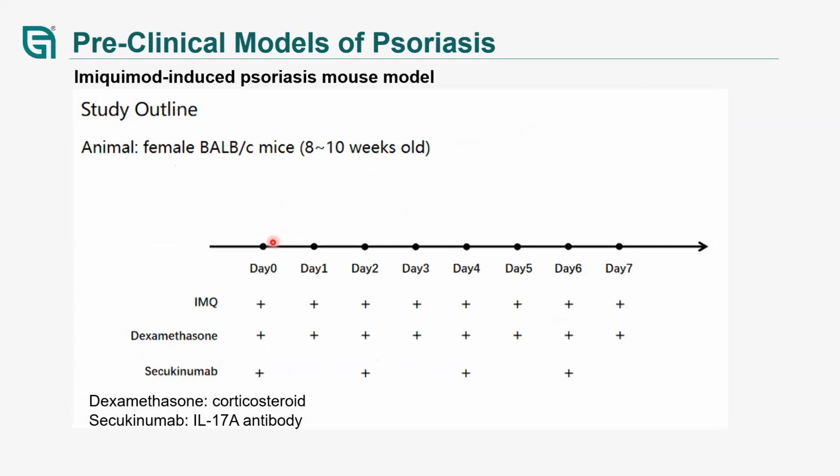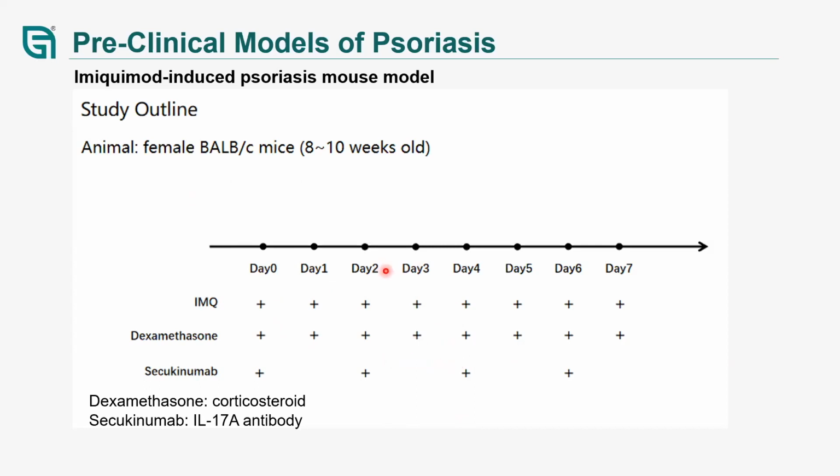The study was conducted using female BALB/c mice at 8 to 10 weeks of age. Shown here is how we established the IMQ-induced psoriasis mouse model at GemPharmatech. This model is initiated following dermal application of IMQ on the mice's shaved dorsal skin.